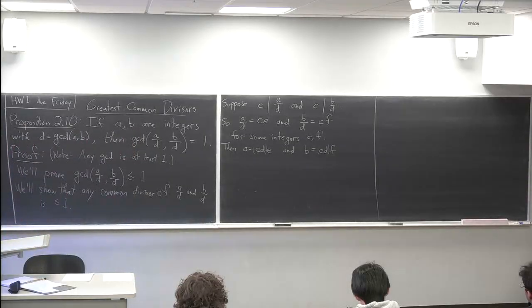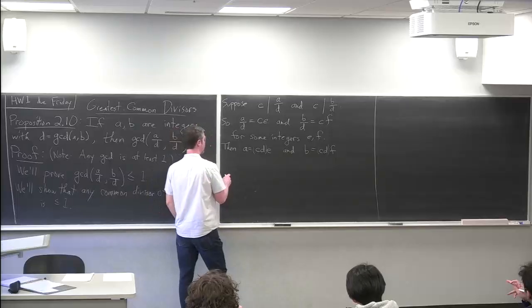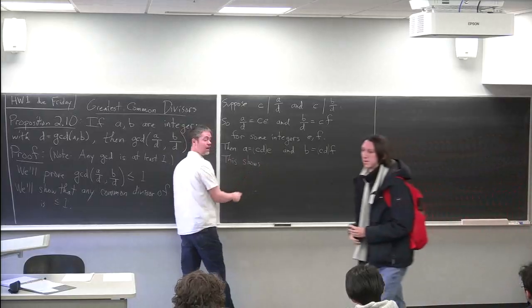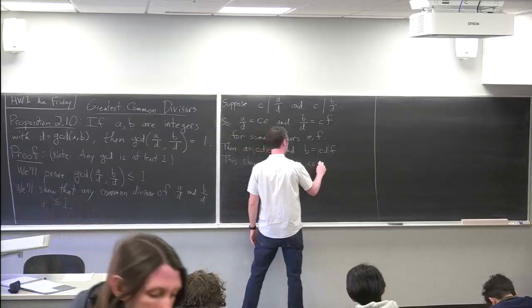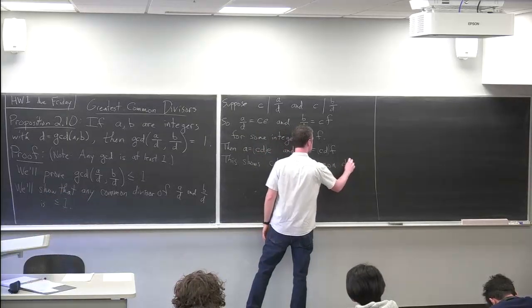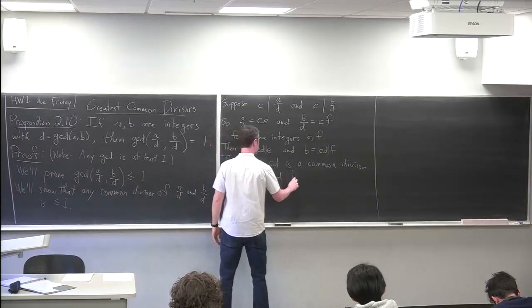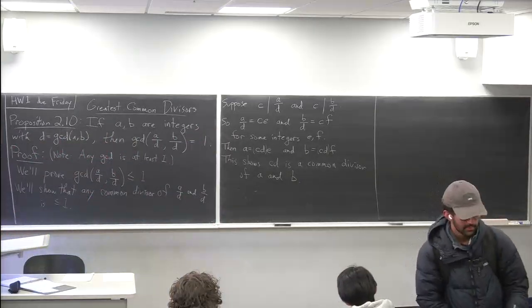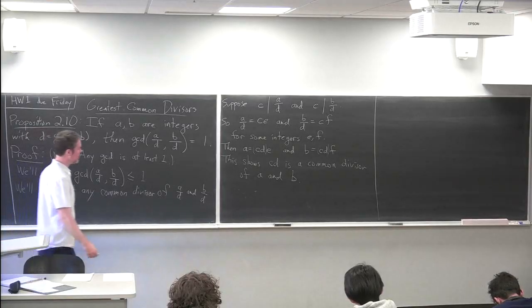So it's some kind of common divisor of A and B. So what this shows so far is that C times D, whatever that may be, is a common divisor of A and B. But on the other hand, what we do know is that D is the greatest common divisor of A and B.